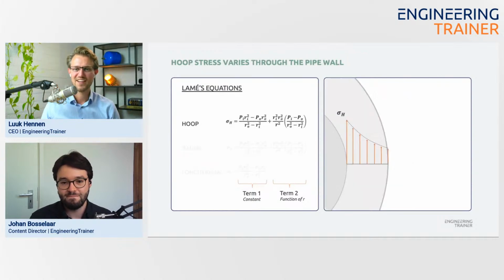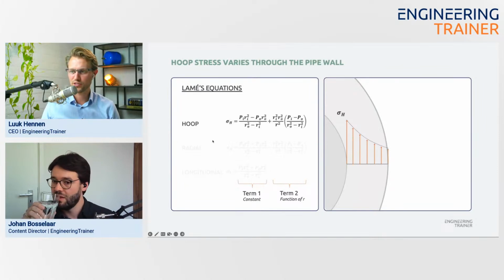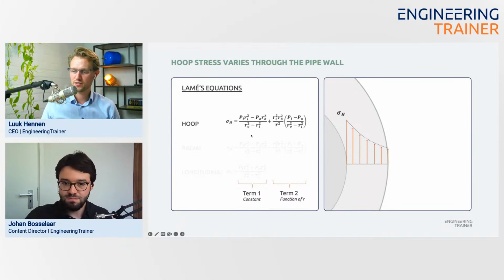All right, so let's look into these equations in a little bit more detail. As Johan already stated, we have the constant term, the first term, and we have the variable term, which is the second term. So let's see what that would look like if we would plot it. Again, we have the wall thickness shown here, and these images all reflect a situation where the internal pressure is higher than the external pressure.